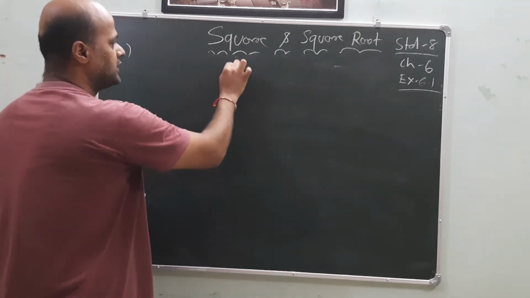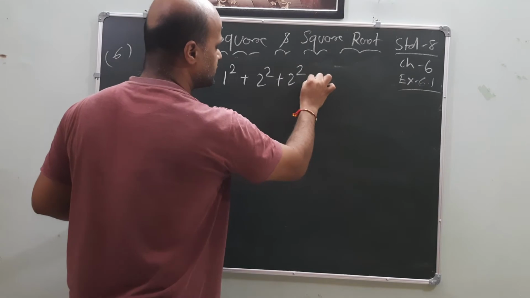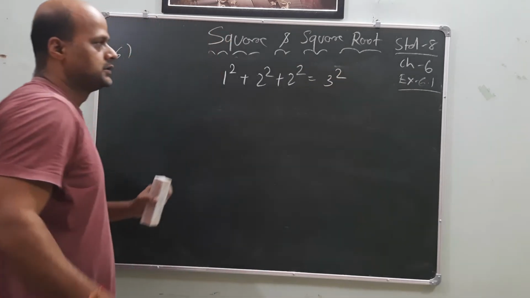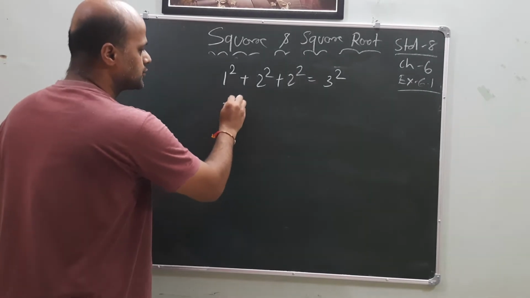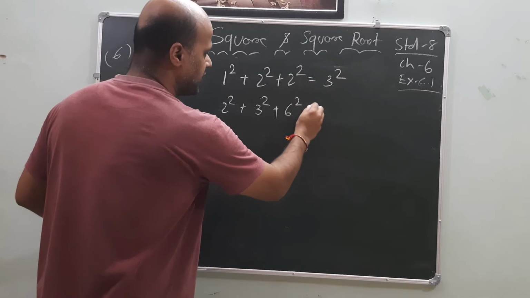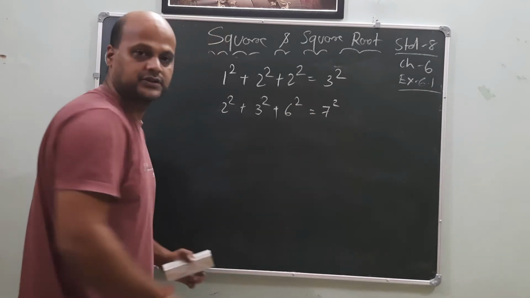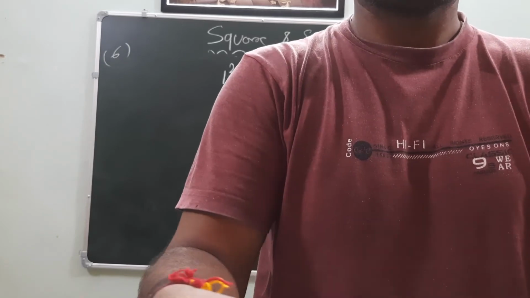It's saying that 1 square plus 2 square plus 2 square is equal to 3 square. Write down that one. Go for the second one. What is that? 2 square plus 3 square plus 6 square is equal to 7 square.